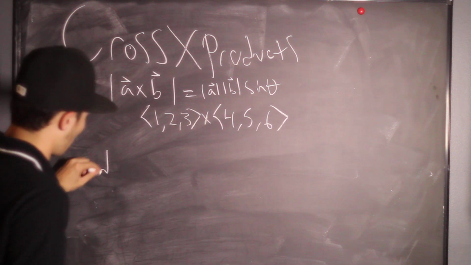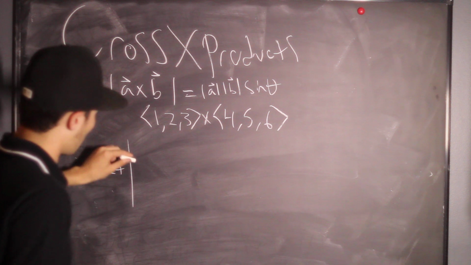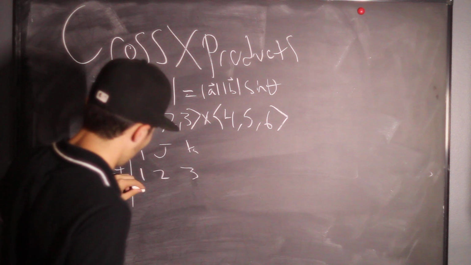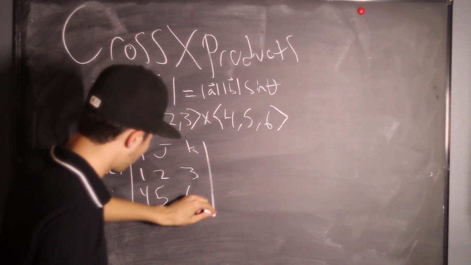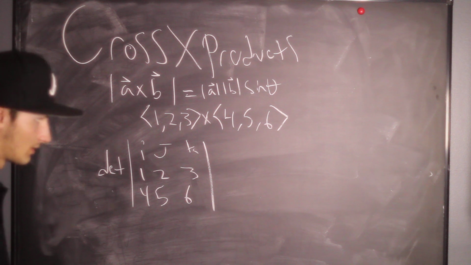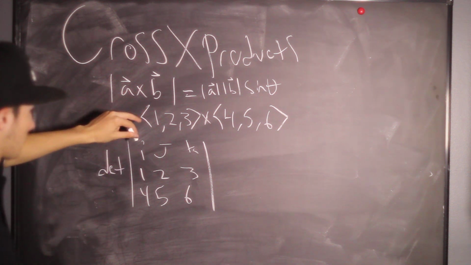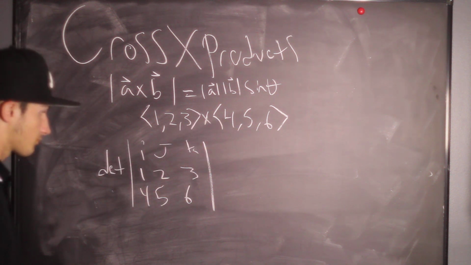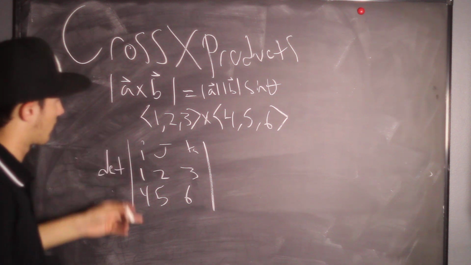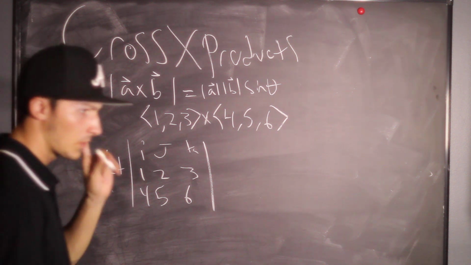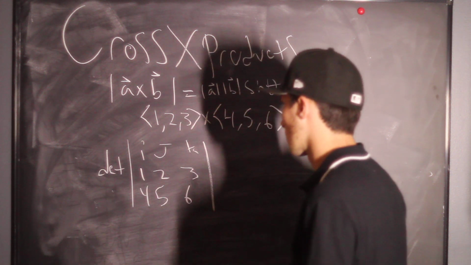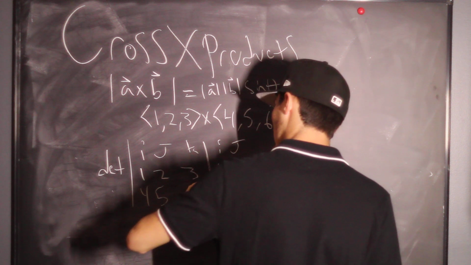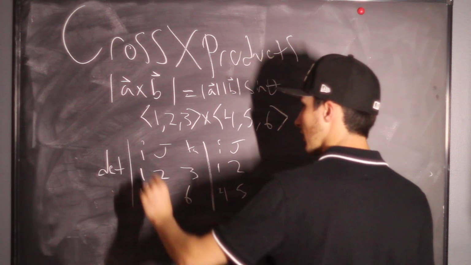We know it's the determinant of this matrix: i, j, k, 1, 2, 3, 4, 5, 6. It must have the first vector on the second row and the second vector on the third row. I believe I've heard that you can have those two swapped, I think. To take this determinant, what you usually want to do is have i and j repeated, and then you have 1, 2, 4, 5, and that lets you take your rows.